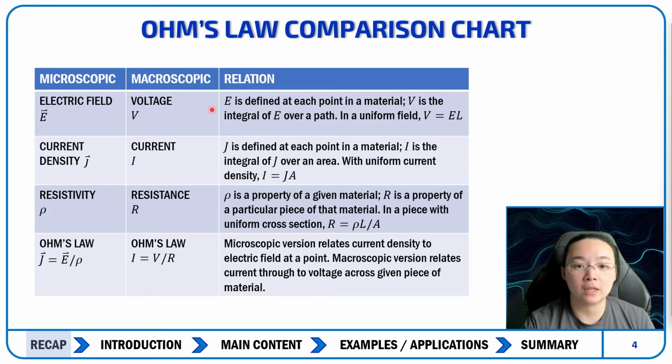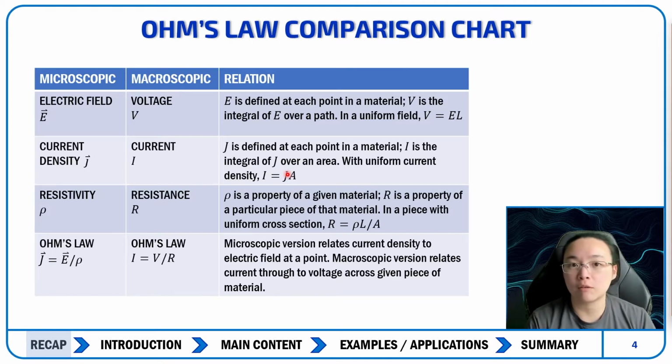That's when you take a look at the microscopic view of things. So that's where current density comes into play, because maybe there's a different amount of current passing through each small portion of the conductor that you have. If everything is constant and you already know that you have a uniform current density, then you can move on to a macroscopic view where I is equal to J times A.